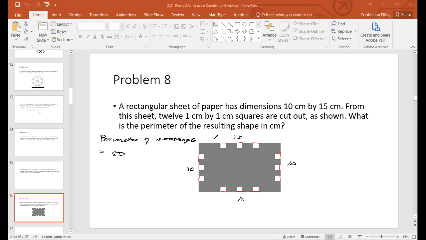They want to know the perimeter of this funny shape. Okay, so we have to think now, how do we get the answer to that? And evidently, we have to use the perimeter of the rectangle somehow. The answer is that, you see, the perimeter of the new shape and the original rectangle would have contained this.